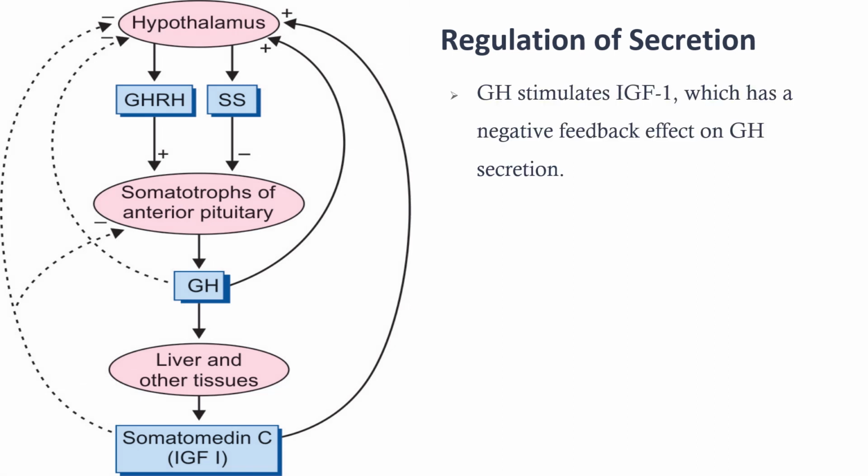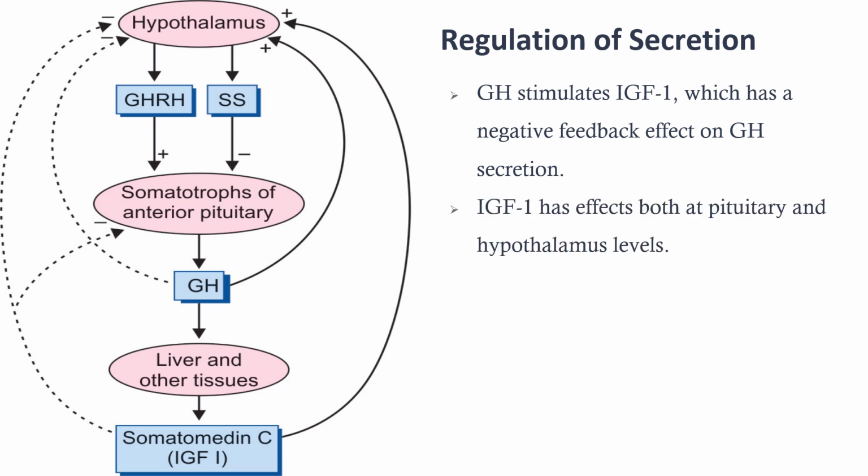The growth hormone stimulates the production of insulin-like growth factor 1, also called Somatomedin C, which in turn has a negative feedback effect on growth hormone secretion. The insulin-like growth factor 1 has effects at both the pituitary and the hypothalamic level.